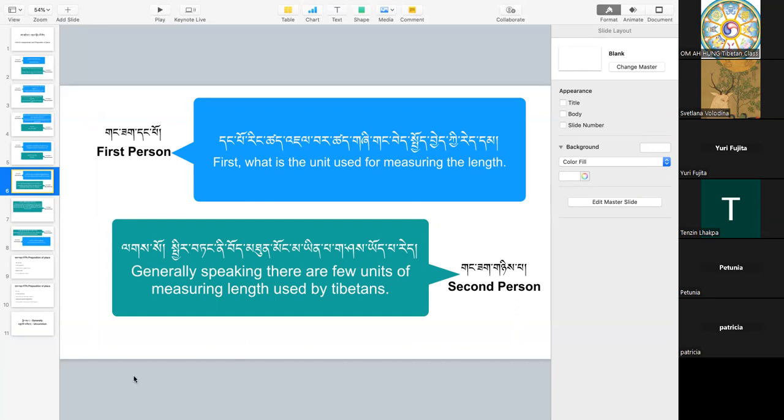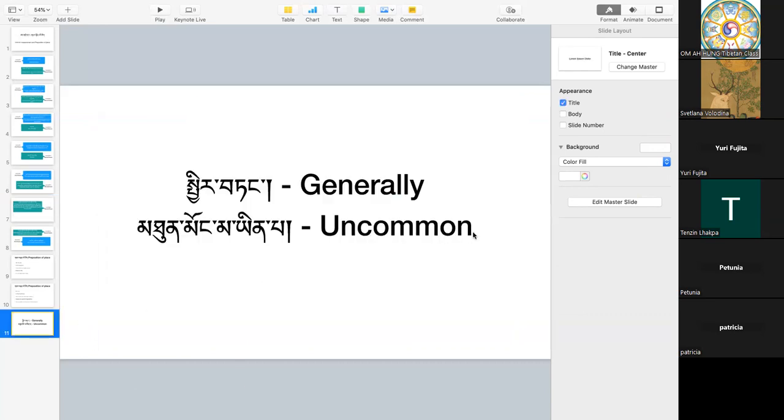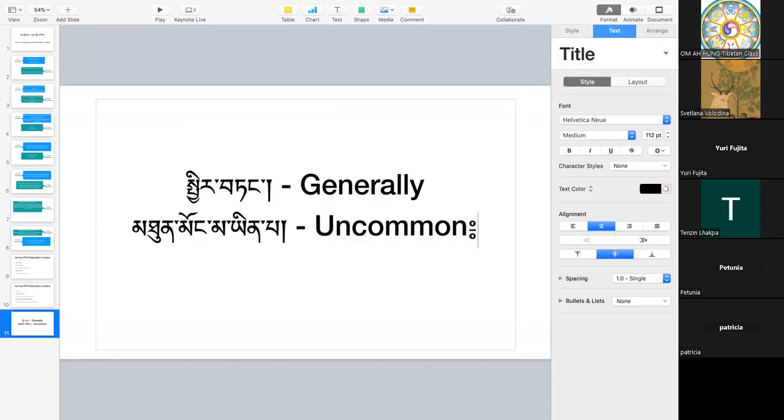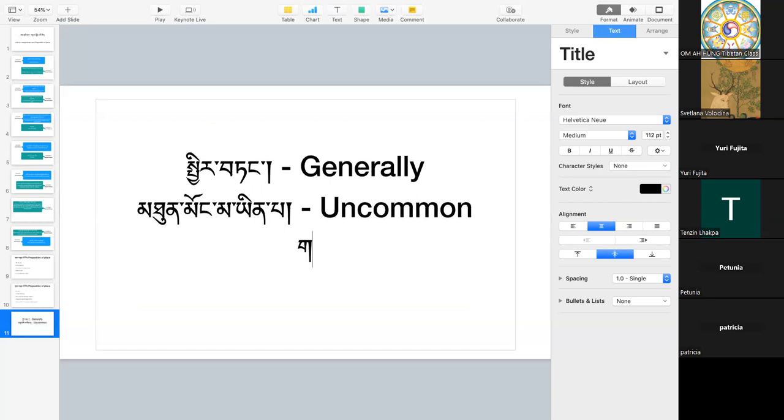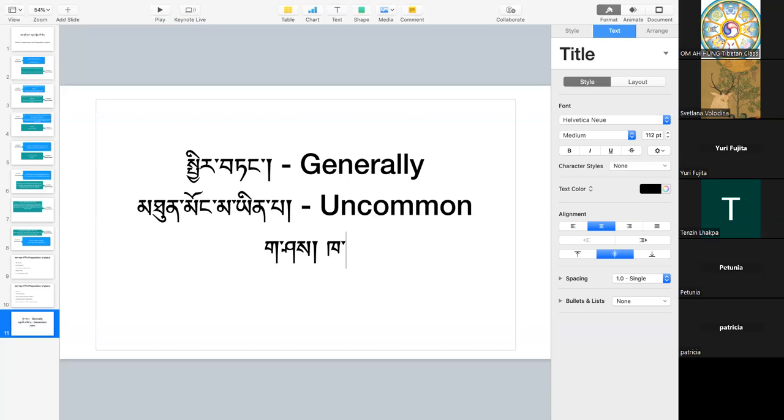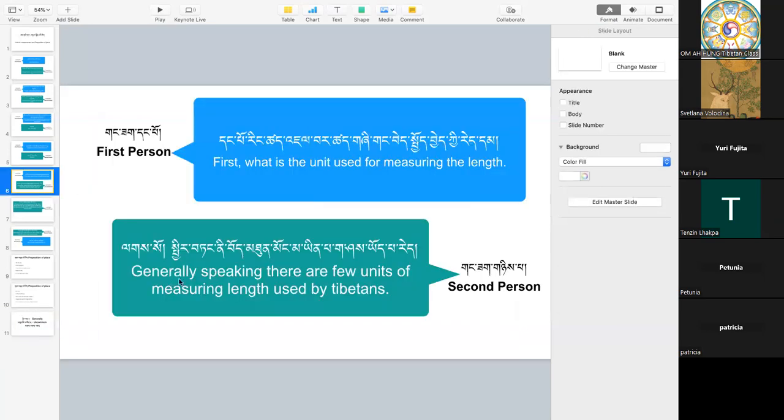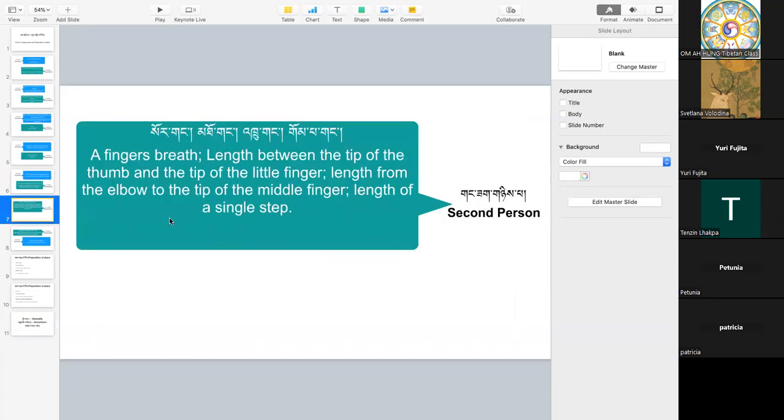Kashe, as we have already discussed a few times, means some. So we have kashe and ka, all of which have the same meaning, which means some. So there are some which are particular to Tibetans.